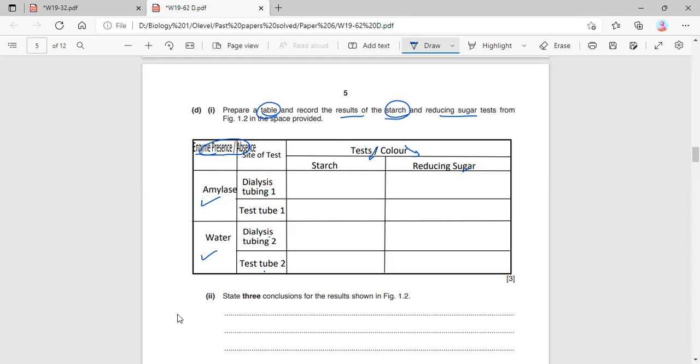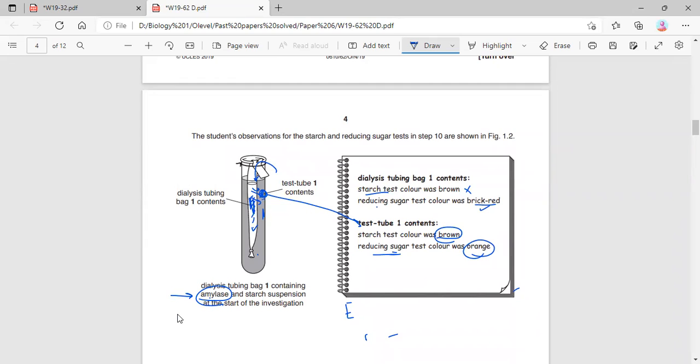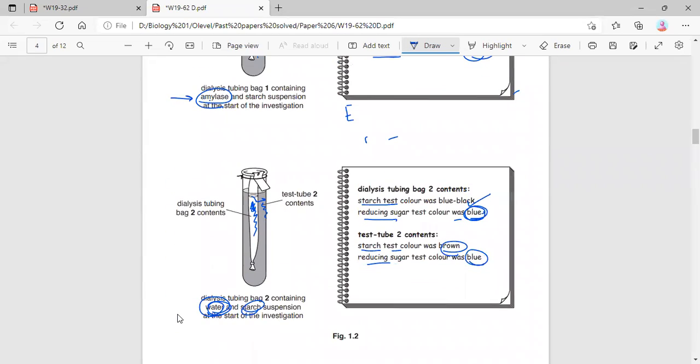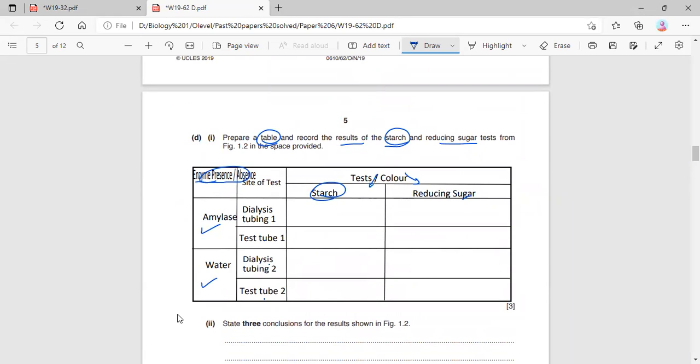But take care. For the starch test, you did it inside and outside. And the sugar test, you did it inside and outside. So this is why after the amylase, I put the site of the test. Is it in the dialysis tubing or the test tube?